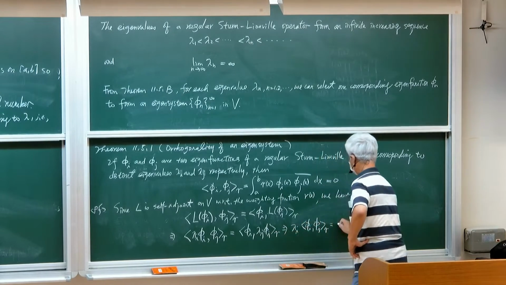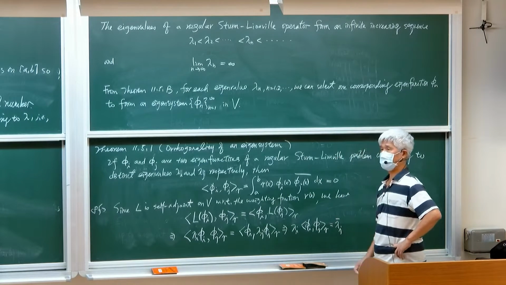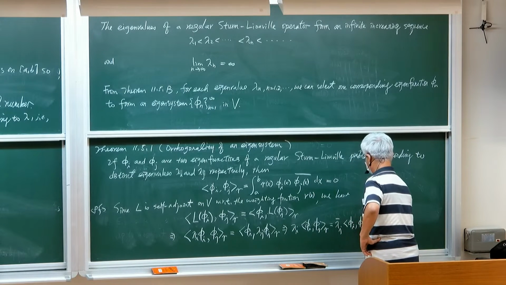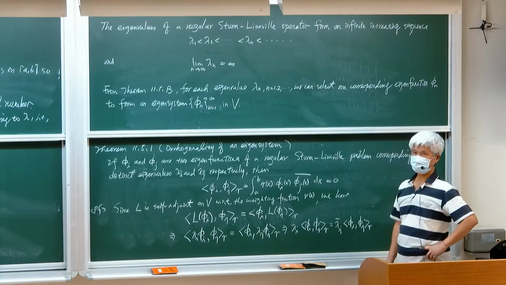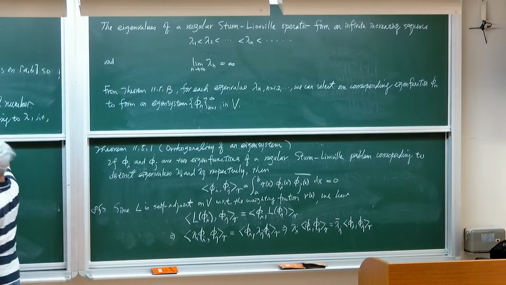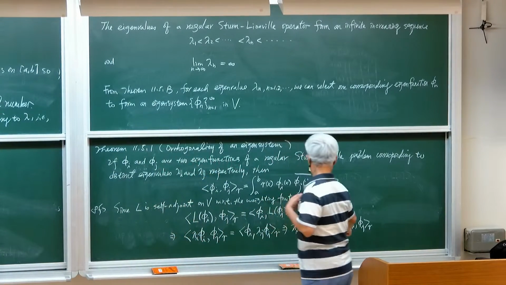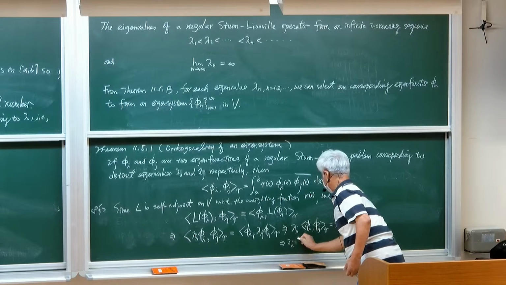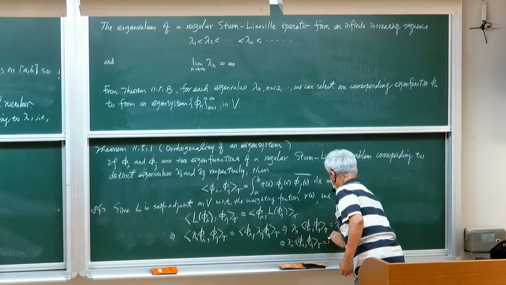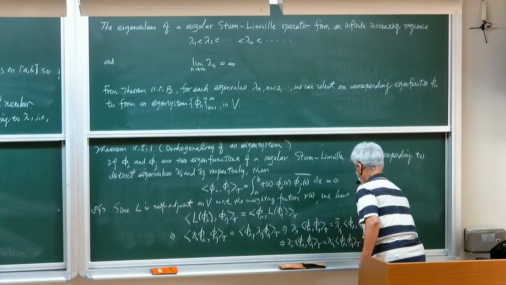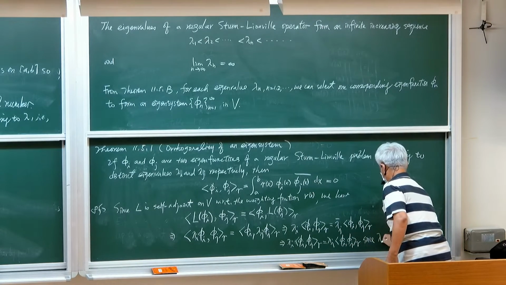And by conjugate linearity, we have lambda j bar, phi i, phi j here. Now, we have shown that any eigenvalue is real. So this implies that lambda i is lambda j, phi i, phi j, since lambda j is real, by theorem 11.5.c.